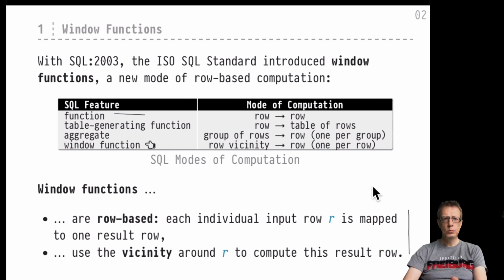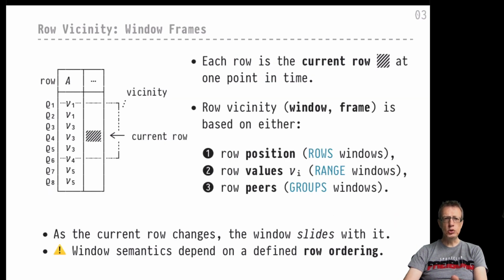Okay, so a bit deeper. Let's zoom in there. So that would be a table of data we want to compute our query over. And as you can see, I've assigned row identifiers to all of these rows.